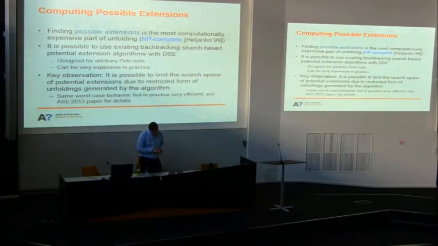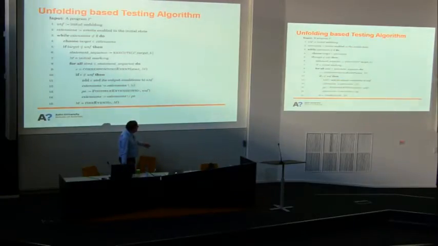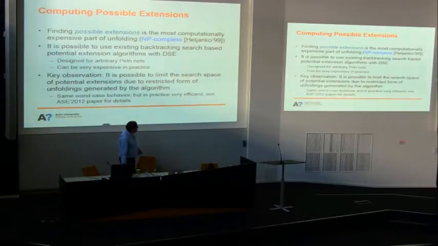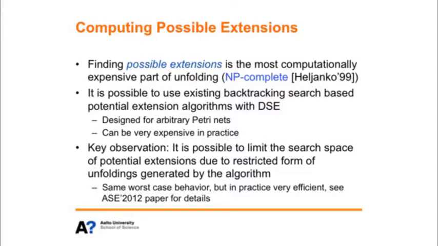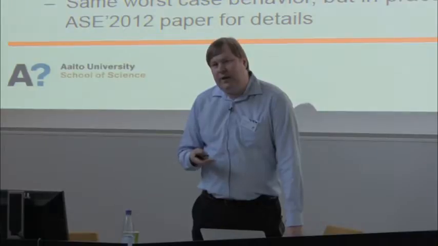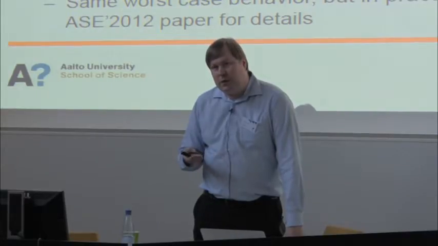So, the bad news first. This subroutine, which gets called in the innermost loop, is actually NP-complete. So there's an NP routine in the innermost loop of the testing algorithm. It is possible to use existing backtracking search algorithms, so you can basically use all the same routines as the unfolding-based Petri net model checkers use.